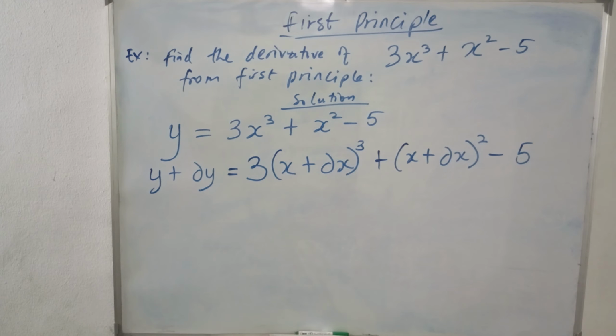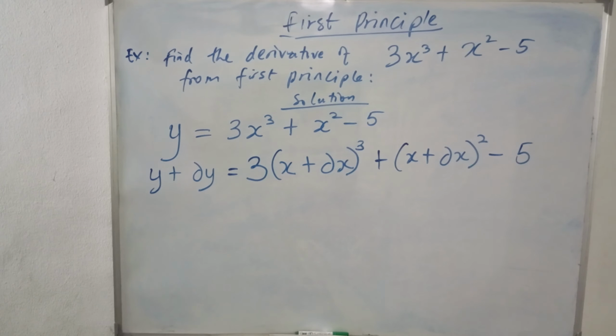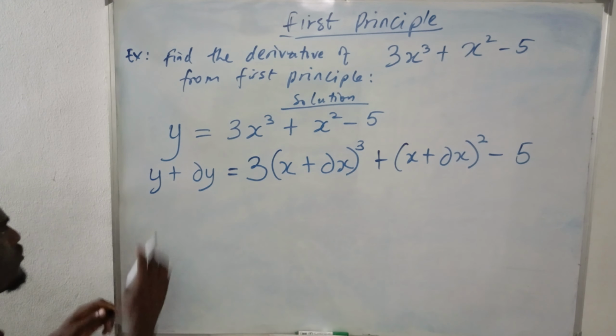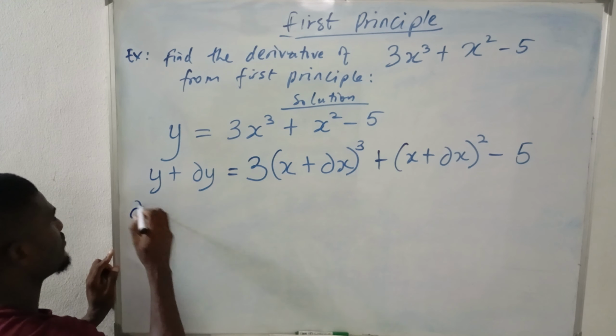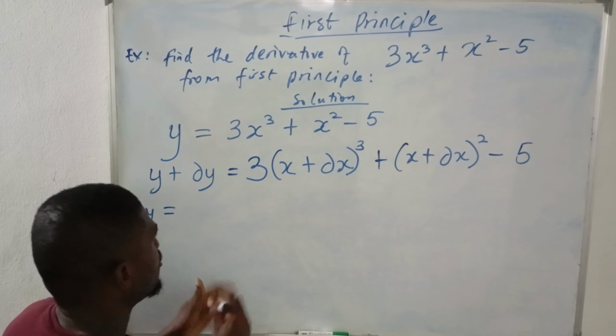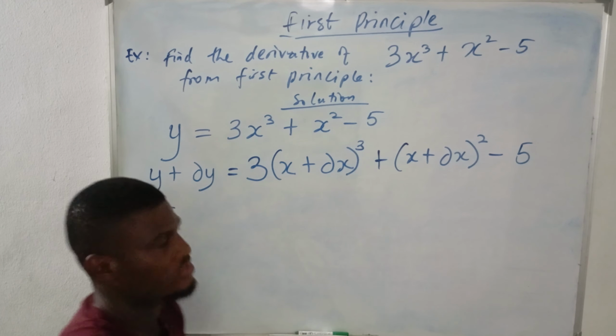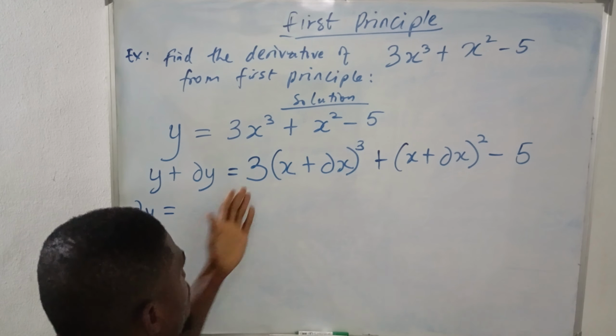Alright, so now the second step is to move your y to the left hand side. So when you move your y to the left hand side, you are now left with dy equals to, now I'm not going to multiply my 3 into this first because this has a power. Until I'm able to break down the power, I shouldn't bring it down.